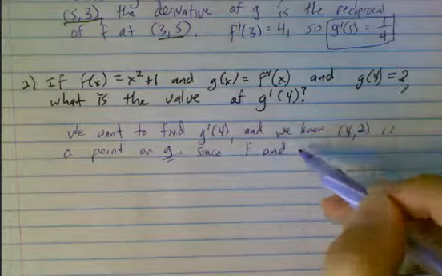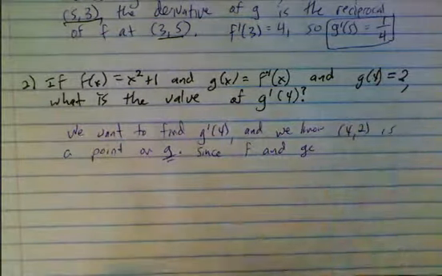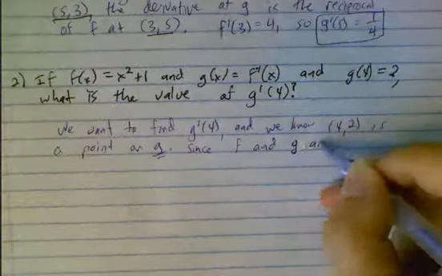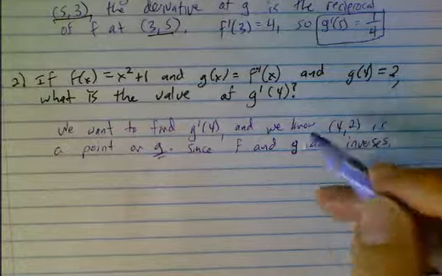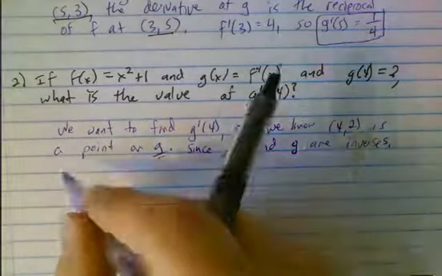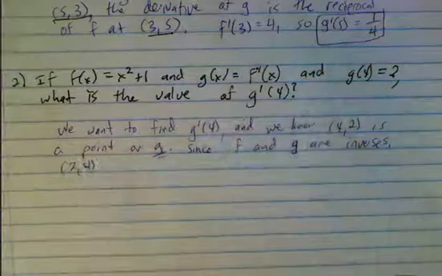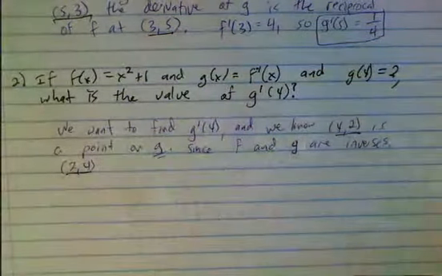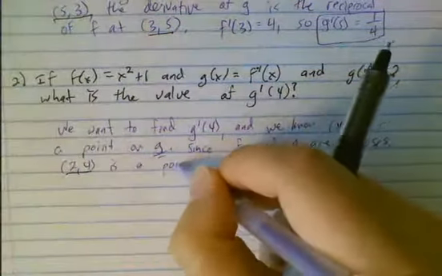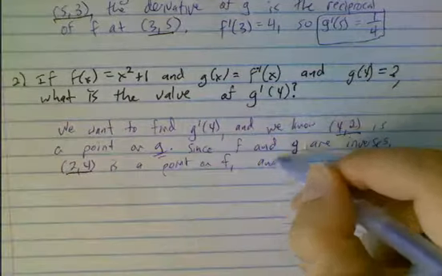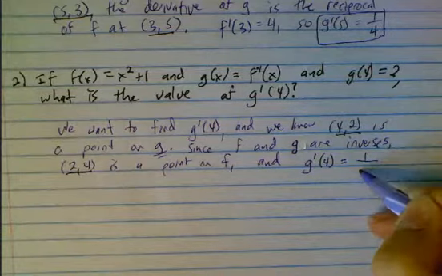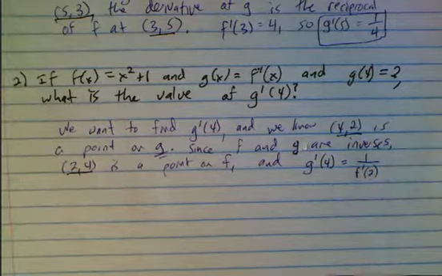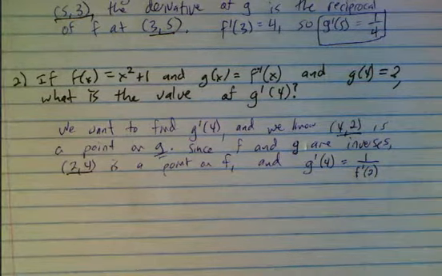Since f and g are inverses, the point 2, 4, again this reversed, is a point on f, and g prime of 4 is the reciprocal of f prime of 2. So we need to find f prime of 2.